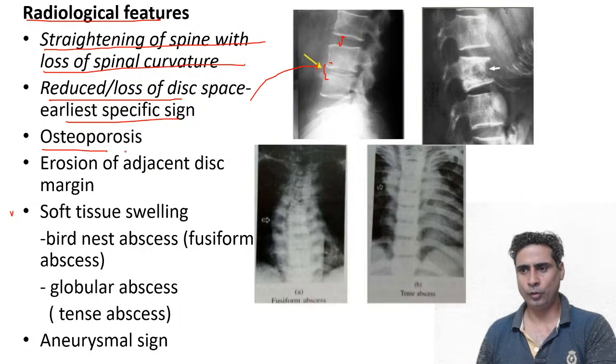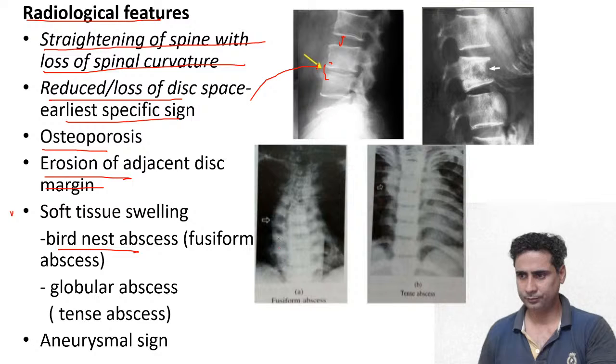There will be osteopenia due to infection and erosion of adjacent disc margins. Due to formation of soft tissue abscess, there can be a fusiform or bird nest abscess, in the shape of a bird's nest, or there can be a tense globular abscess like this.